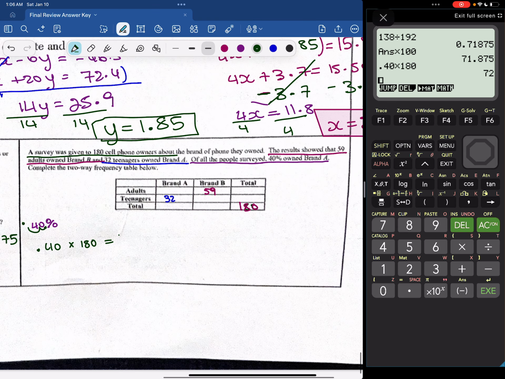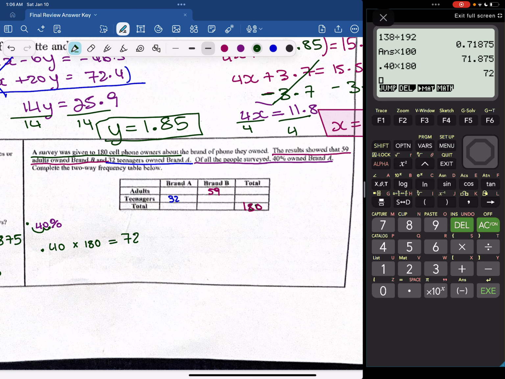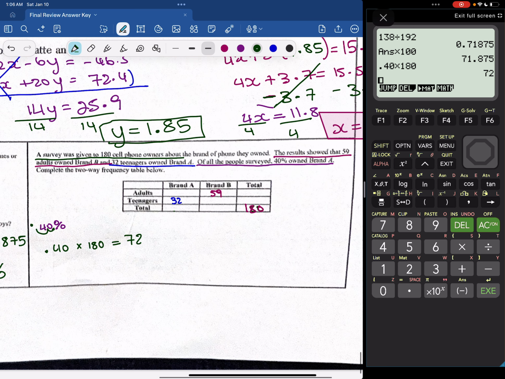Yep, it's 72. So that's the number of individuals that were owning brand A. Of all the people surveyed, 40% own brand A. So therefore, 72 persons own brand A.